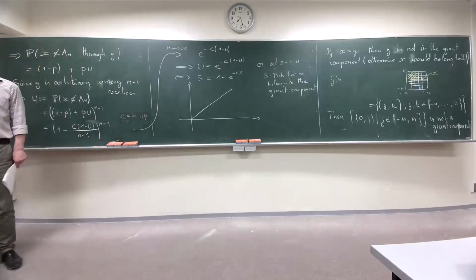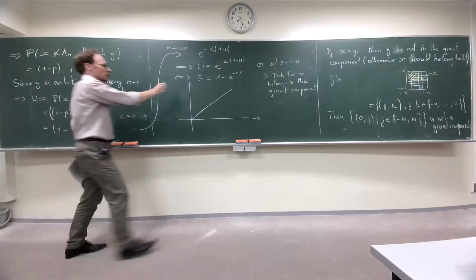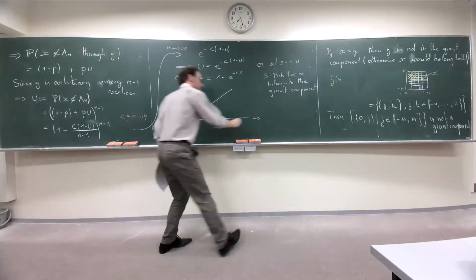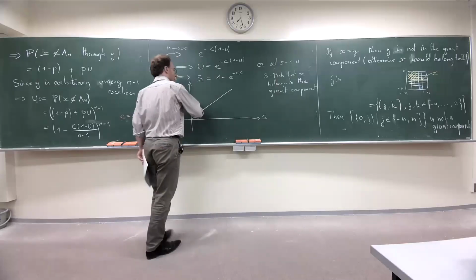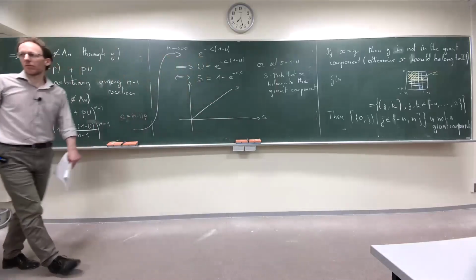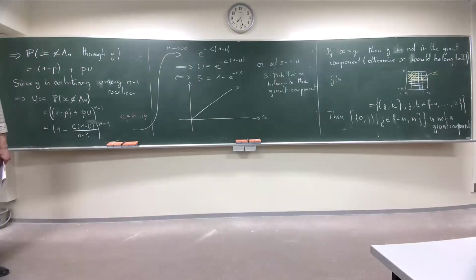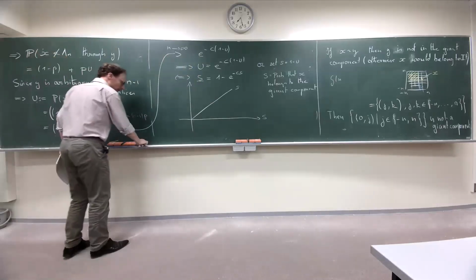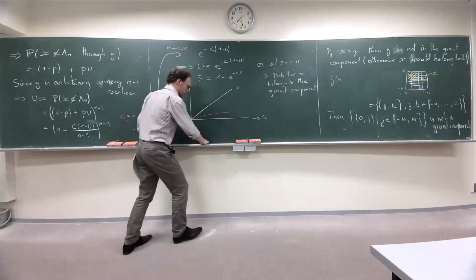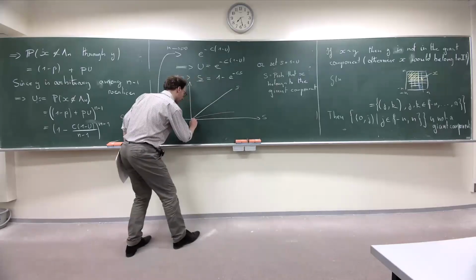The left-hand side, you plot this function, so the variable is S. So this function is a function S, identity. And the other one depends on C. I'm going to do 3 cases.